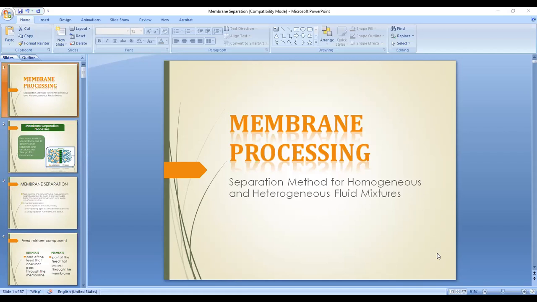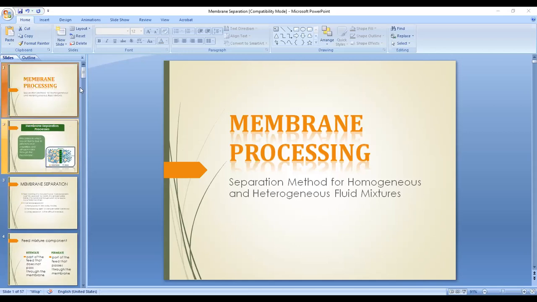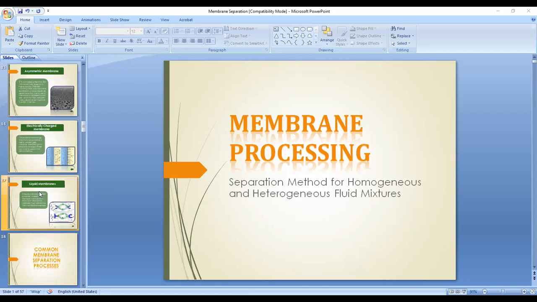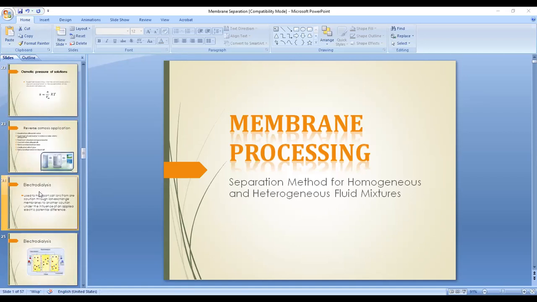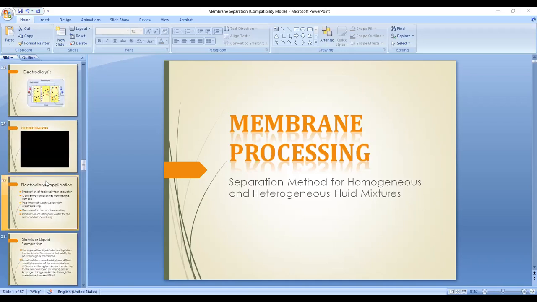Let me share this one. So this is the membrane separation processing slides. I hope you can see it. Share again. I don't see a notification that you could see it. Okay, please read on the membrane separation processes in these slides, and cross-check the membrane processes that you see here with what you have in your handbook.